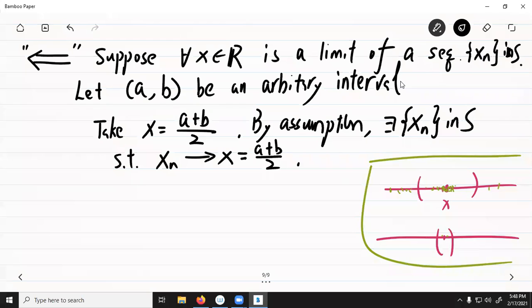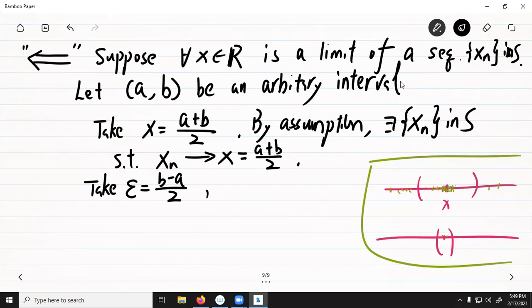So now let's take a special epsilon. Let's take epsilon to be (b minus a) over 2. You will see why later. For this epsilon, because it's true for any epsilon, it must be true for this one.